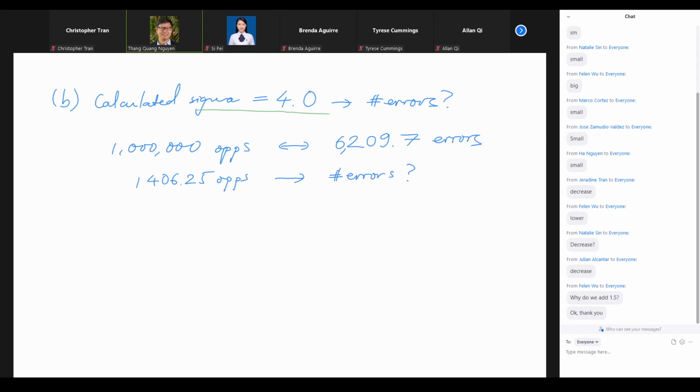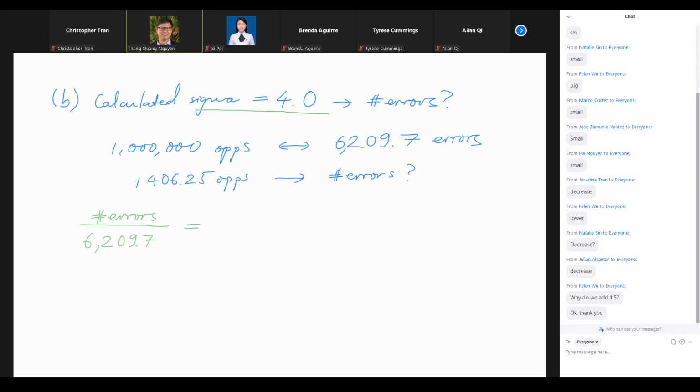So that's the question. It's not that difficult, right? We just do it proportionally. Then we should be able to find the number of errors. So we write that as the number of errors divided by 6,209.7.